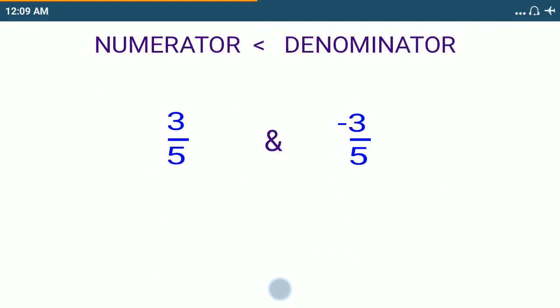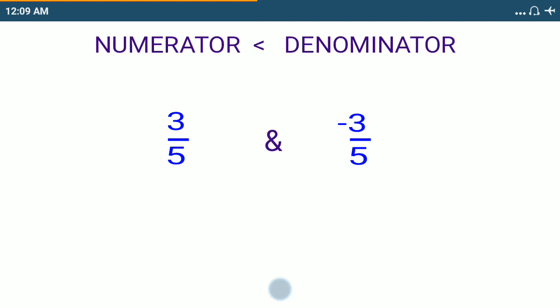Students, we will look at an example of the first category. One of the categories of plotting rational numbers on the number line is when the numerators are less than the denominators. Let's try to plot 3 by 5 and -3 by 5 on the number line.